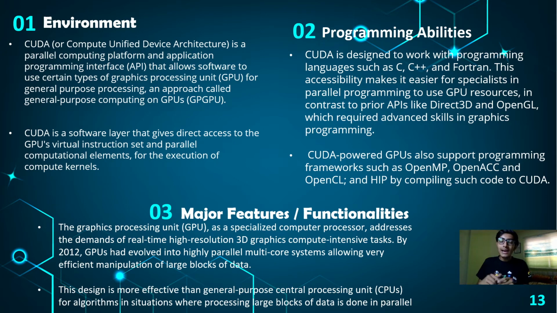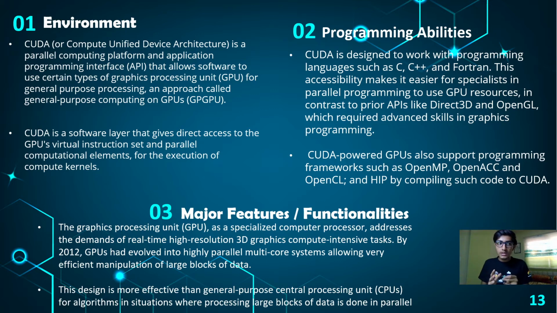It has parallel computational elements for execution of compute kernels, and the programs can be written in languages like C, C++, and Fortran. The APIs can be used by specialists for parallel programming, which requires advanced skills in graphics programming.